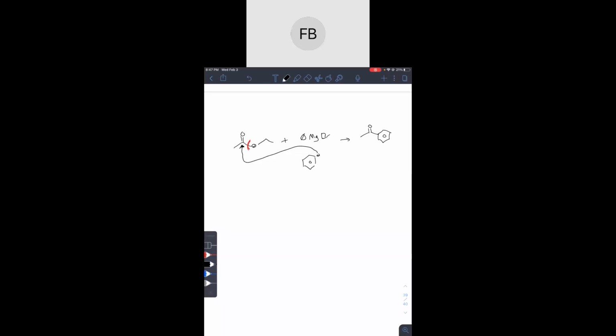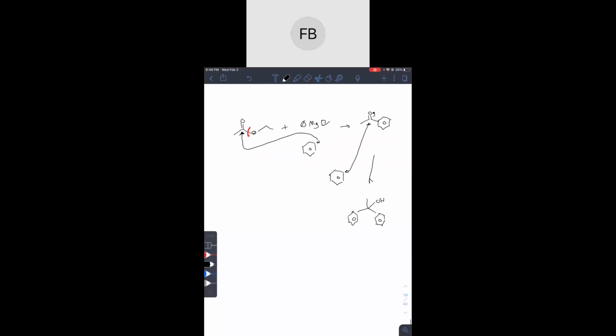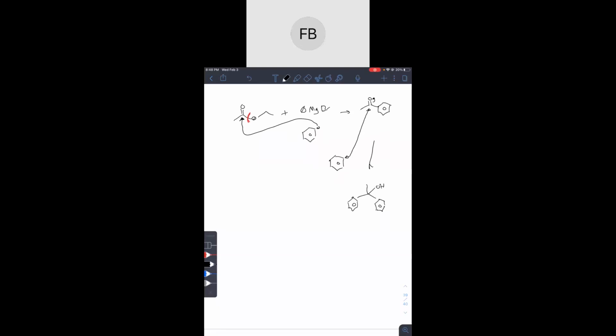From here, let's say another negatively charged ring came along. It would attack here, and that would turn this into an OH. Like that. Tertiary alcohol.